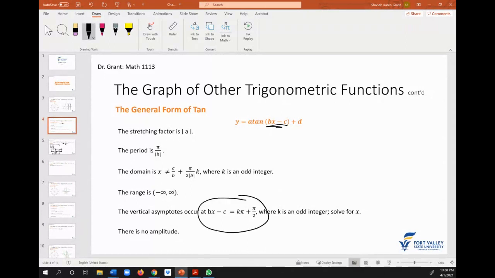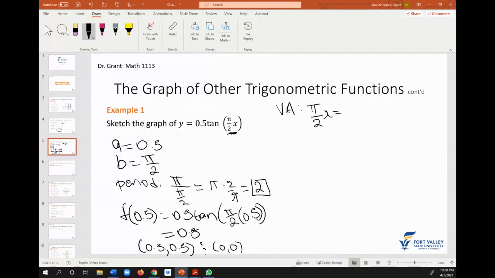So we're using this here. And so what we need to find is x, because recall, a vertical asymptote is going to be in the form x equals.